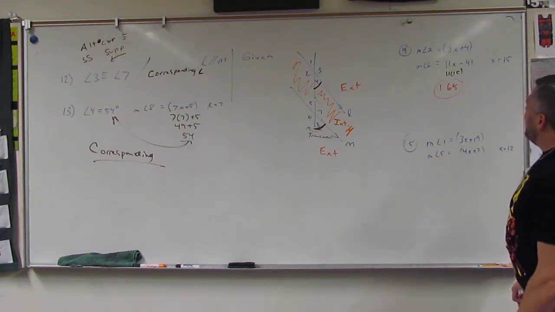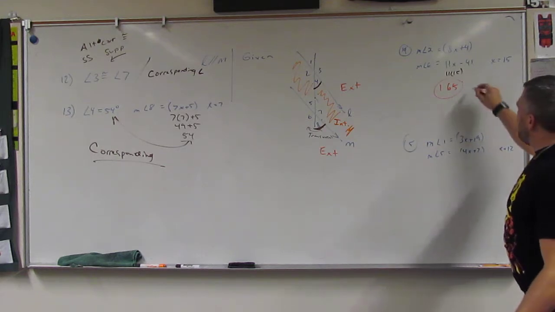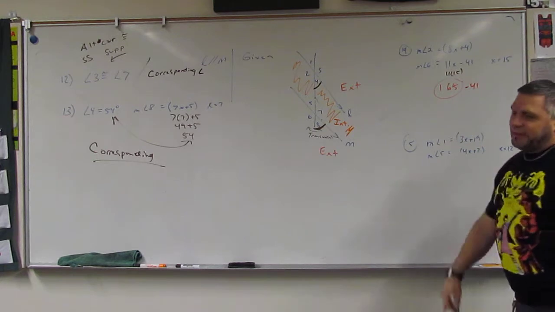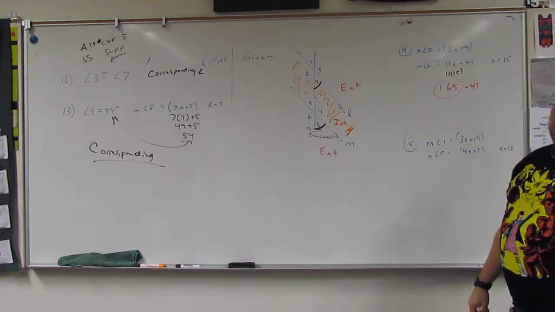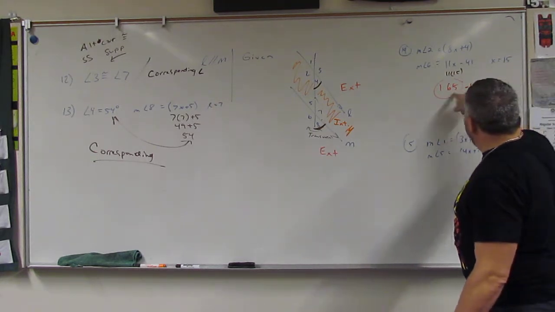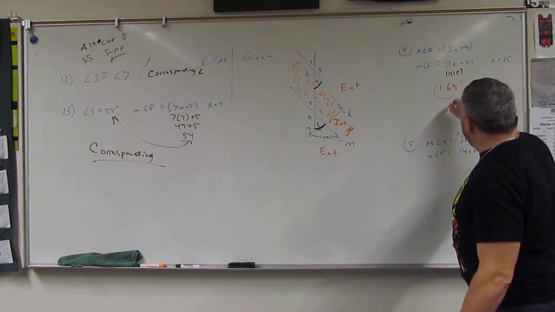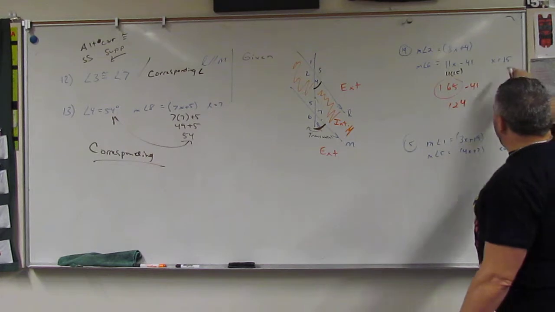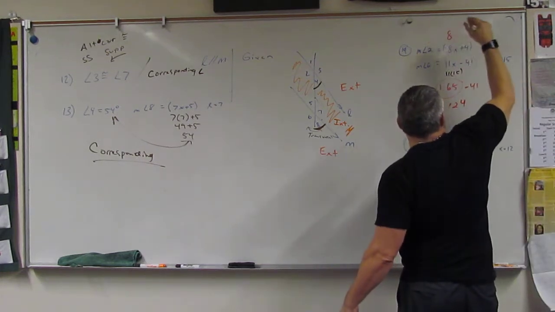Alright, now minus 41. What's 165 minus 41? 124. So 1 from that is 4, 4 from that is 20, so yeah, 124. Good. So, if I plug 15 in here, what's 8 times 15?